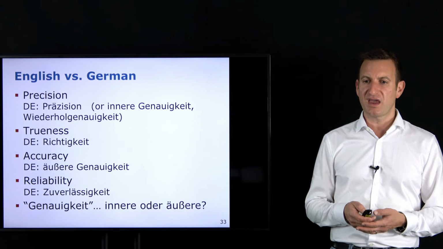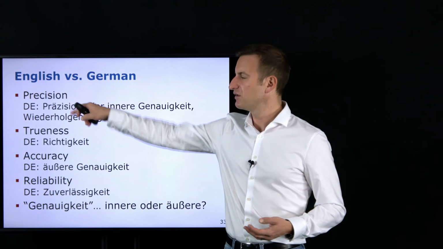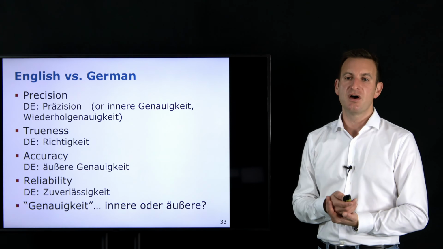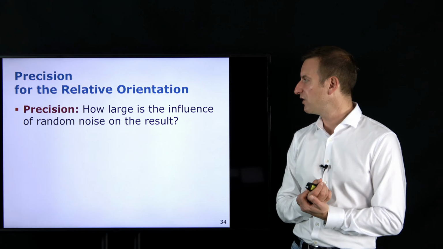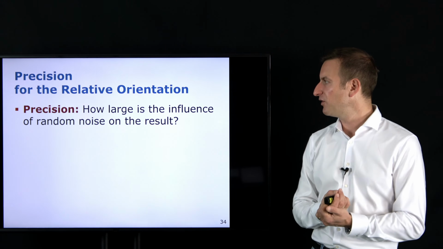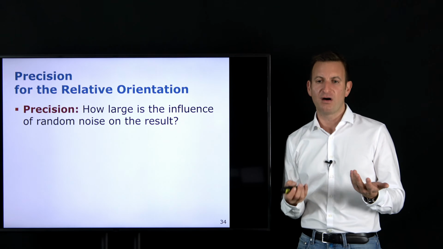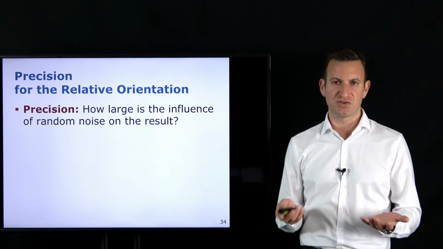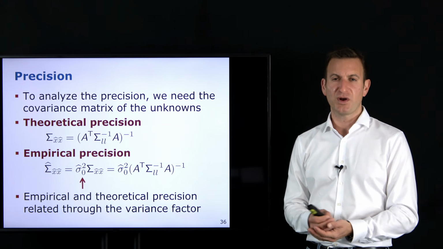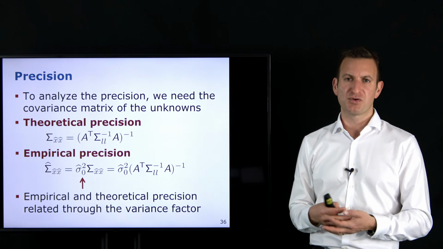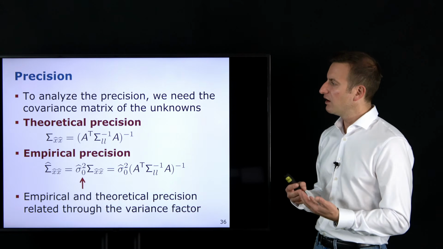And what I want to investigate now is the precision. So the precision of the relative orientation is the quantity that I now want to investigate a little bit further. The question here is, how large is the influence of random noise on my result? Based on the least squares approach, we can know what precision my resulting system has.